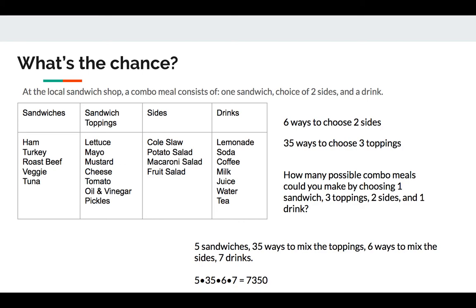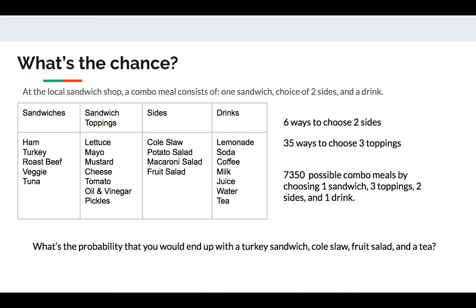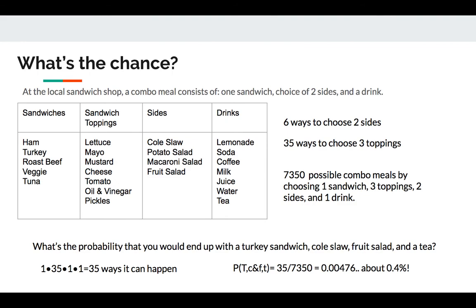Isn't that crazy? So then what's the probability you'd end up with a turkey sandwich, coleslaw, fruit salad, and a tea? If you were to randomly order, which would be weird. Well, there's only one way to end up with a turkey sandwich. There was no specification about the topping, so there are 35 ways that could have happened.